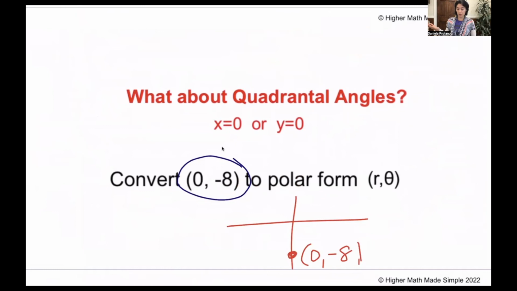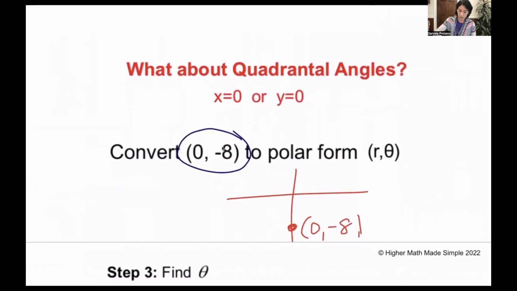So it turns out that theta is so easy when you are on an axis. This is not in quadrant 3 and it's not in quadrant 4. It's on this axis here, and we already know that this is 270 degrees. So we already found our theta in one step.